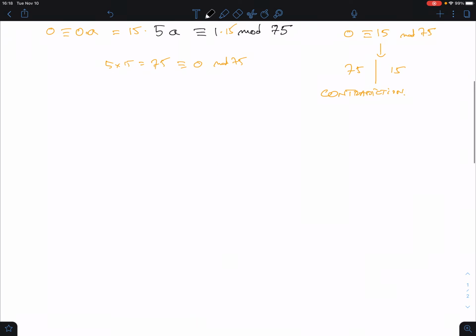And the result is this in general. This is the fact that we're going to use all the time. If A and M have GCD 1, we talked about GCDs last time, I mentioned it, but let me repeat this. This means that A and M are relatively prime.